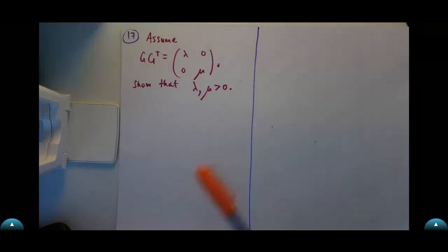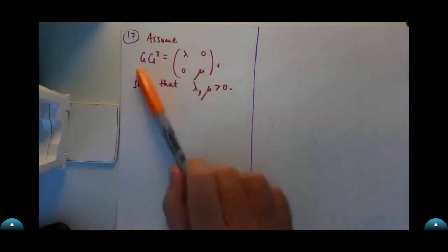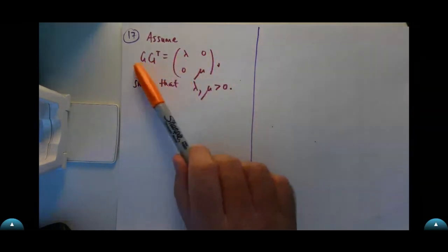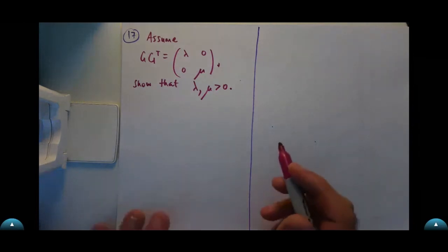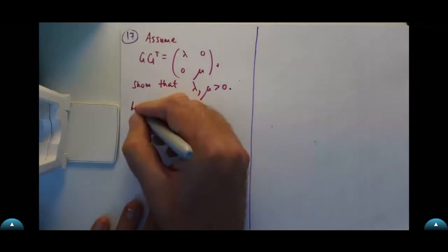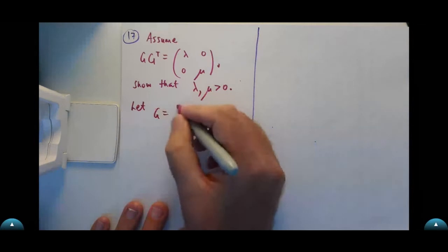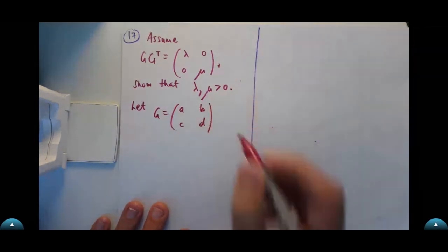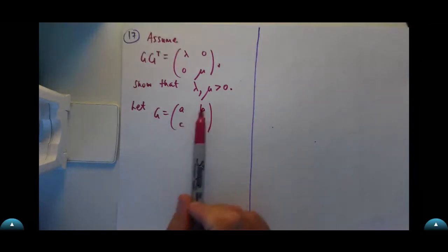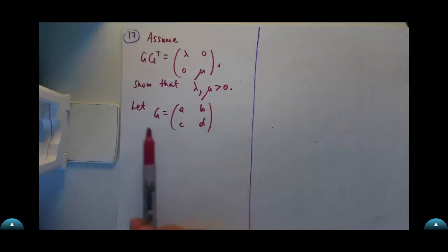Well, sometimes with these small 2x2 matrices, you can just let G be some matrix and find the transpose, yeah. So Brendan, it's a good suggestion. So let's work with that. Let's work with A, B, C, D, okay? Where A, B, C, and D are real numbers.